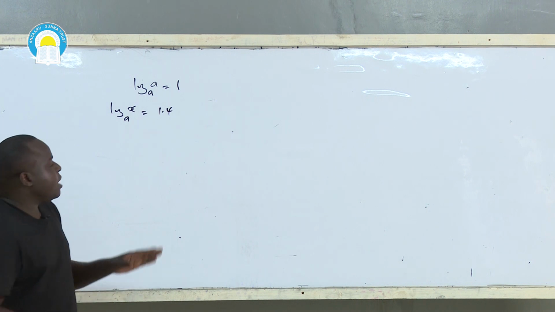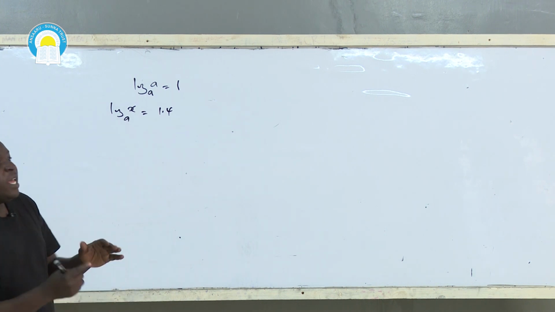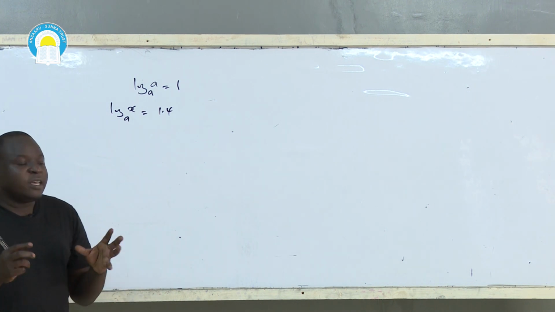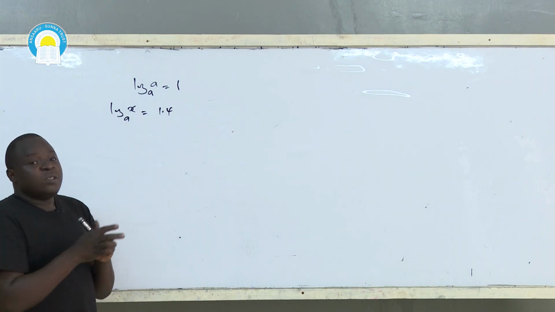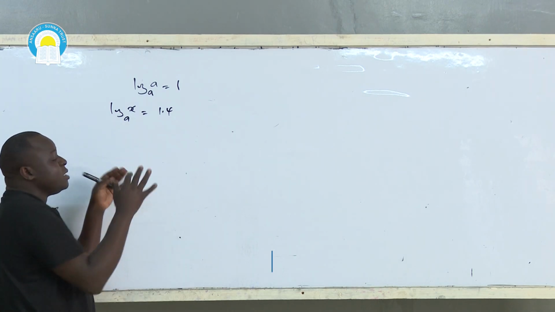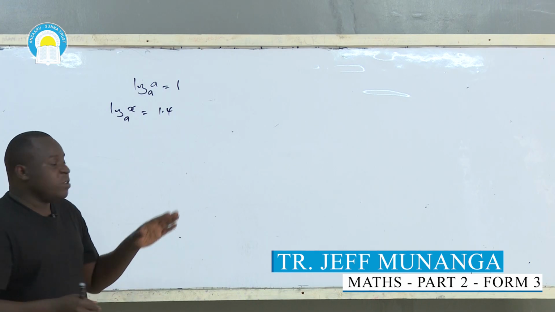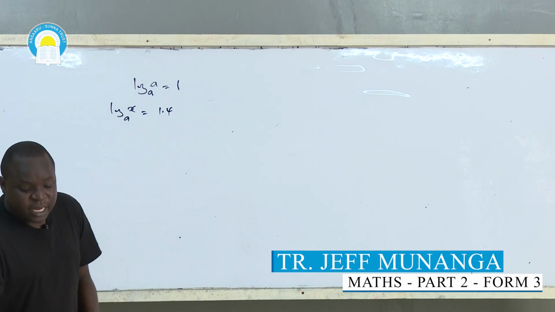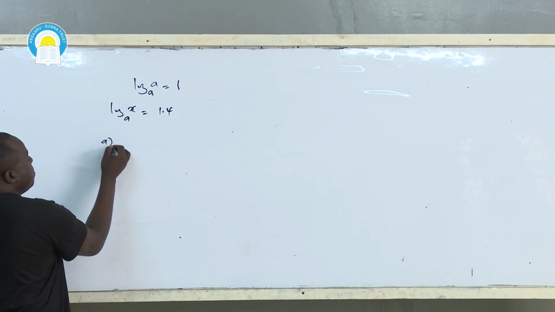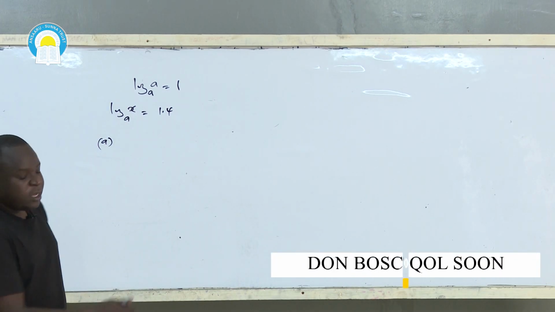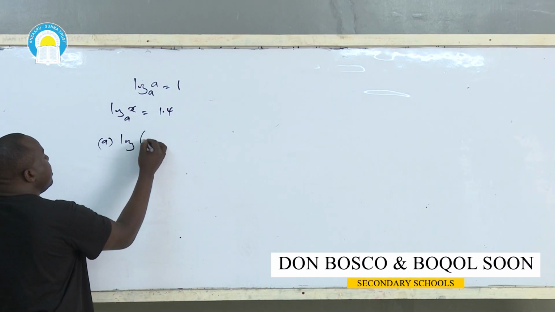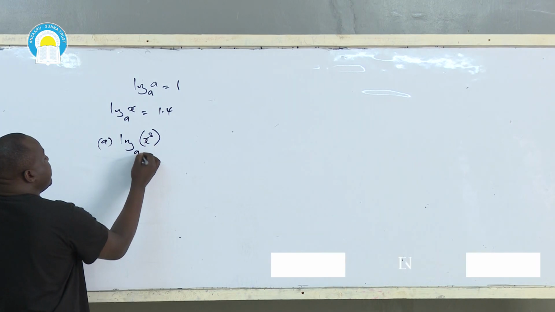So again, I'm trying to put this law and any other law that I've explained in context here. So you just try to use what is possible. Anything possible that you can actually use, you try to use that. So next, the first question I'm supposed to simplify is log x cubed, then base a.